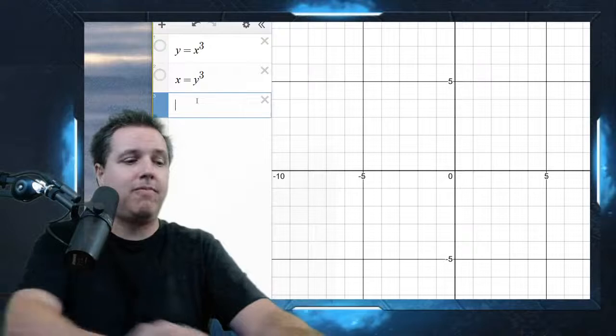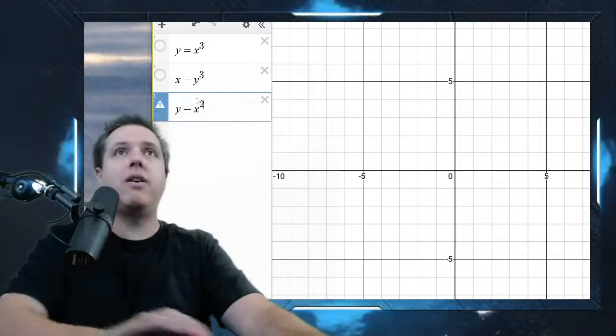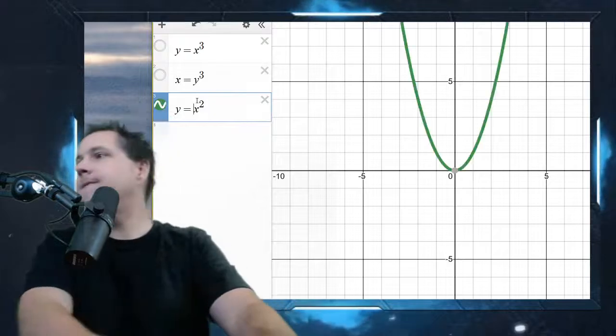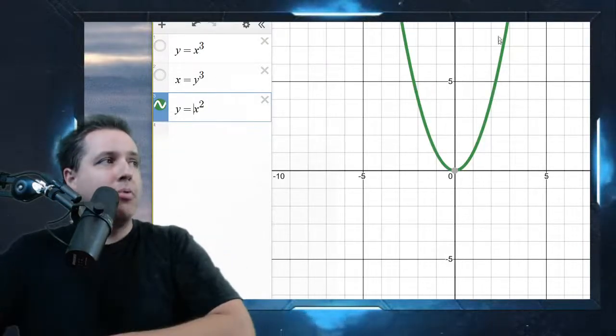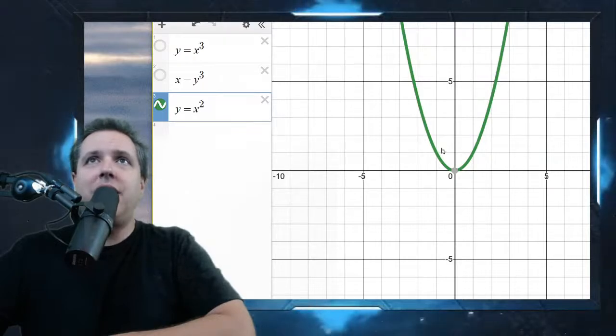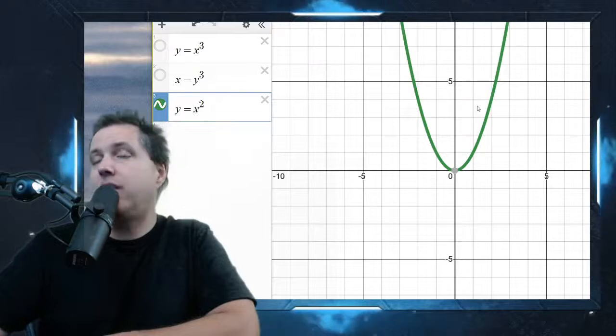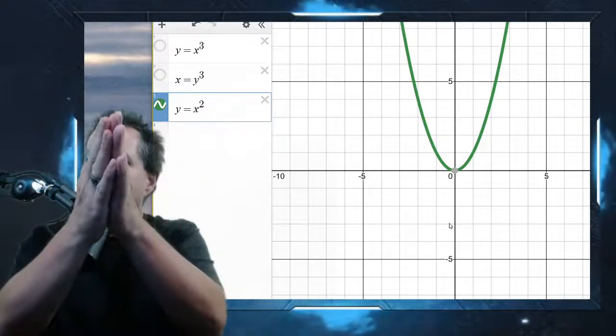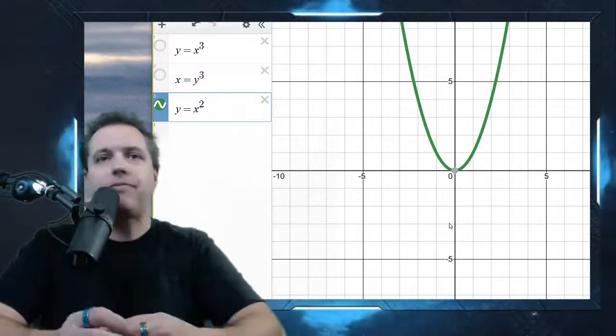So for example, y equals x squared. Here we have a parabola. If this was a piece of paper and I folded it down the middle, this left half would line up perfectly on the right half. That's called symmetry. That's linear symmetry. There's a line where if we folded the paper on that line, the two sides would match up.